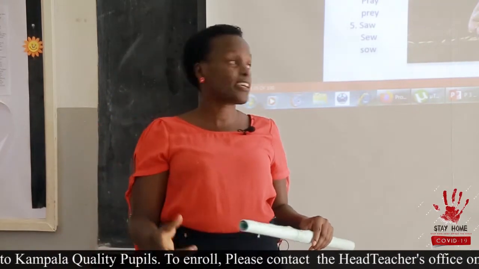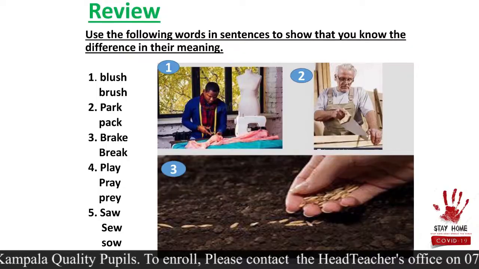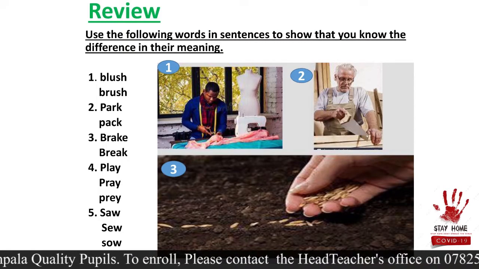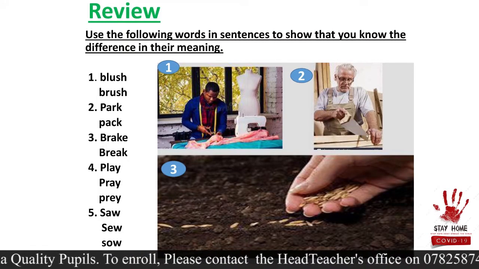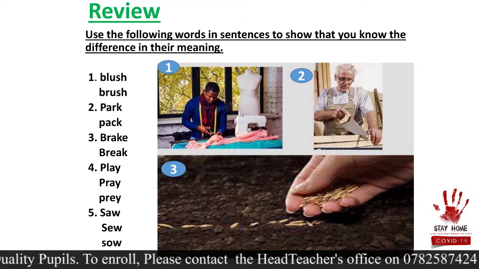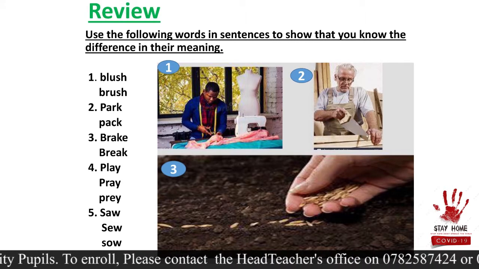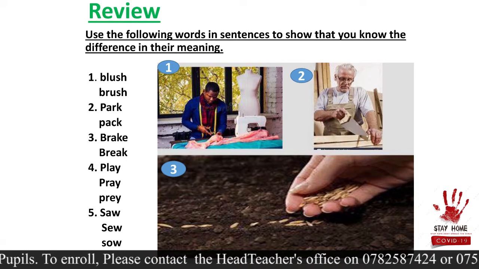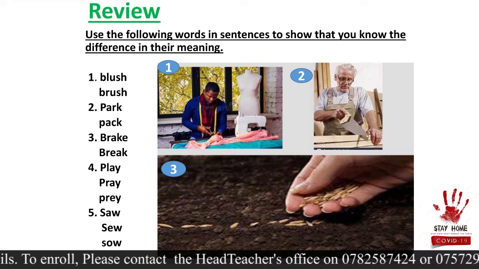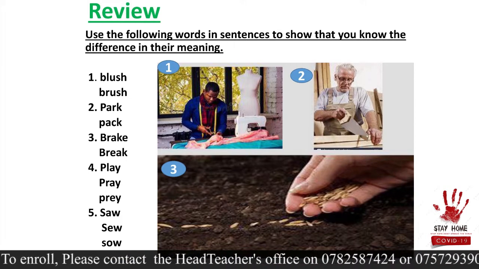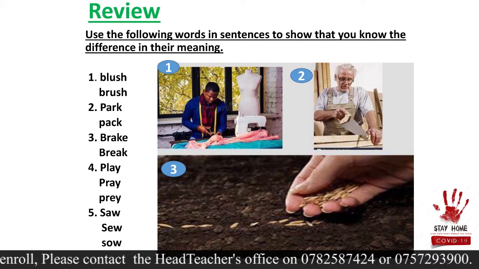Then we have this saw. We say that this saw is not the past tense of see. This is saw, the act of cutting something using a tool called a saw. For example, the old man is sawing a piece of wood.